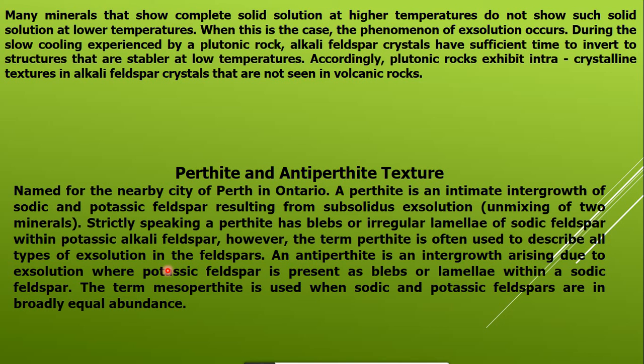An antiperthite is an intergrowth arising due to exsolution where the potassic feldspar is present as blebs or lamellae within a sodic feldspar. Here the potassic feldspar acts as the blebs or lamellae, and the sodic feldspar acts as the host for this texture. The term mesoperthite is used when sodic and potassic feldspar are of broadly equal abundance.